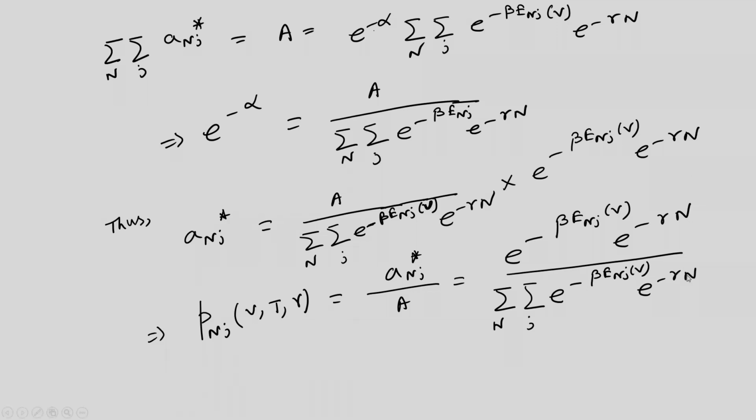So, this is the probability of finding a system having n number of particles and in the state j having energy E n j, right.